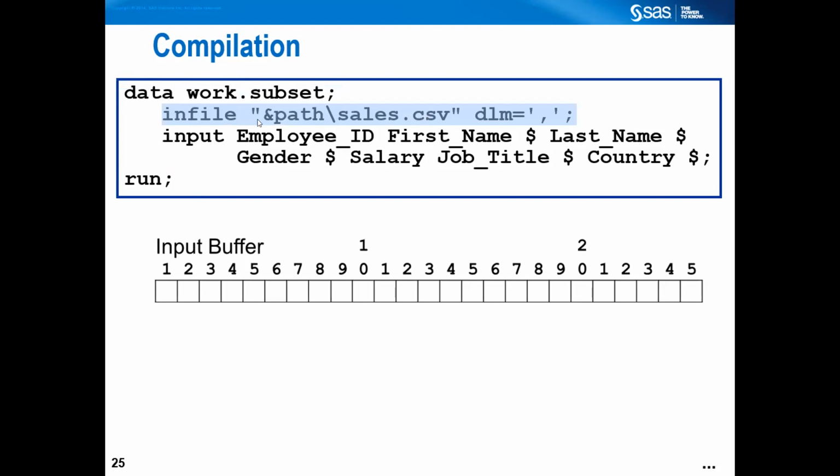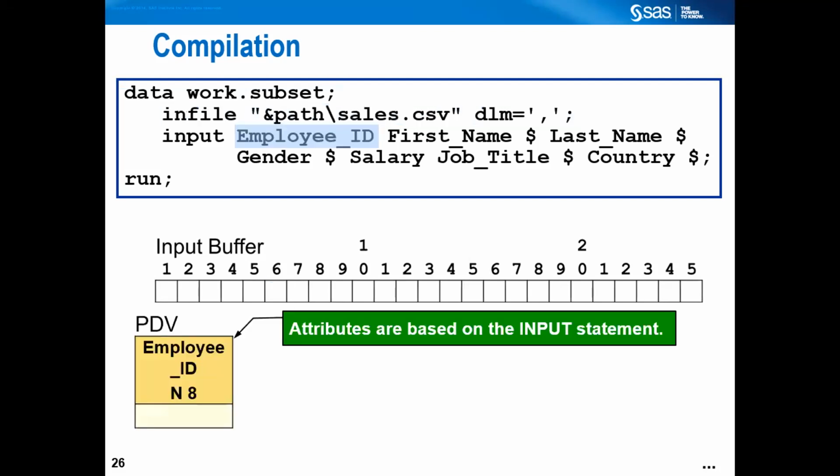But because in infile we provide the information that we are reading a raw file, SAS will immediately create an input buffer. Okay, so an input buffer is created. Then when it hits the input statement, as per the instructions in input for your column, its type and its length, the PDV is defined.